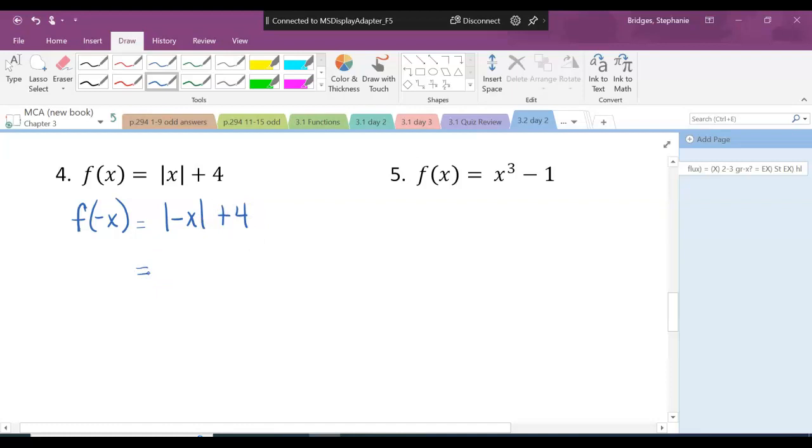So if I do the absolute value of negative x, that's really just x, right? The only difference here is because it's an absolute value, we want to keep that just so that you can tell whether the equation is even or odd. We just know that it's no longer going to be negative once you take the absolute value. So what would that be? It would be even, right? Because it technically didn't change.